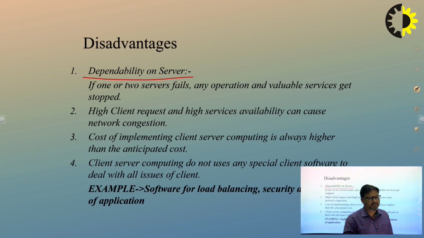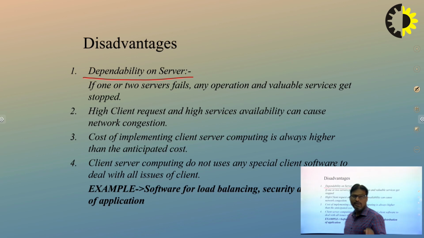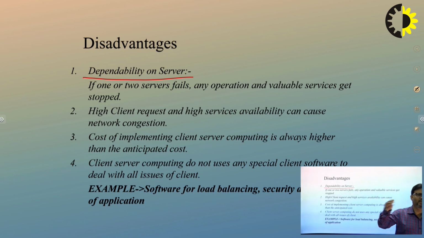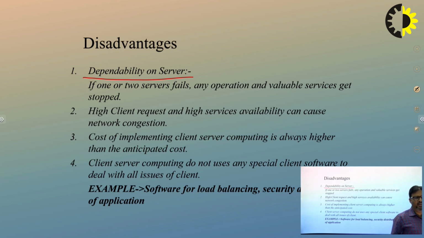Second thing, high client requests and high service availability can cause network congestion. It's obvious that if you have a critical level of client requests and a critical level of services available, then network congestion will occur. Then next thing, the cost of implementing client-server computing is always higher than the anticipated cost.